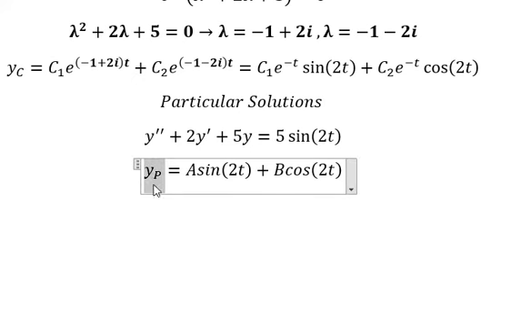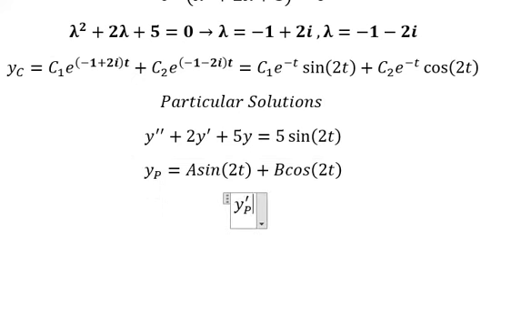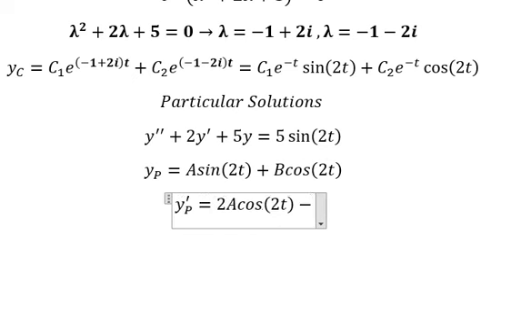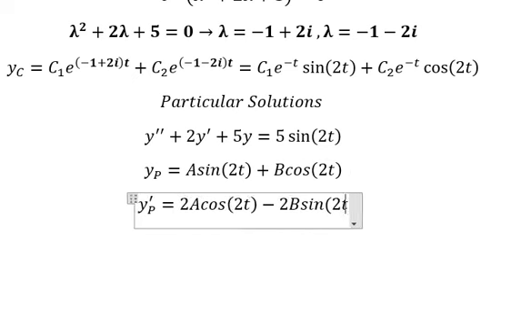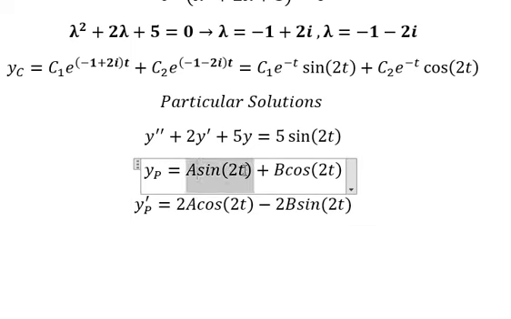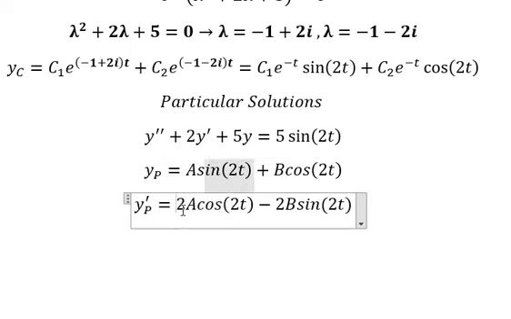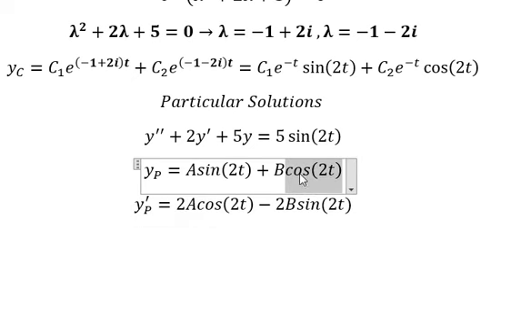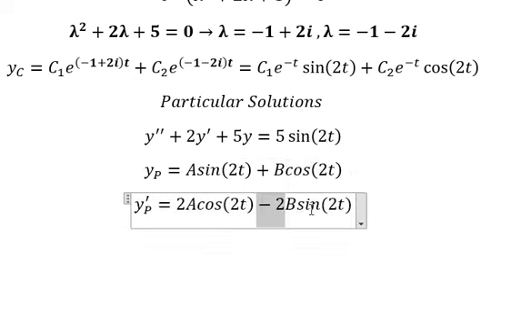And now if we do the first derivative of this one, we have 2a cosine 2t minus 2b sine 2t. Because the first derivative of sine 2t is 2 cosine 2t, and the first derivative of cosine 2t is negative 2 sine 2t.